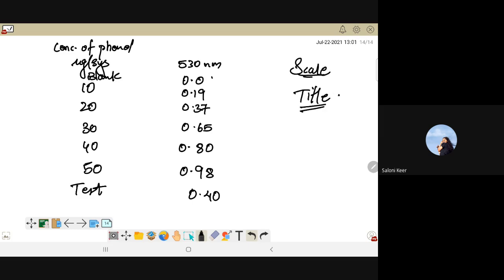Do not forget what you have learned in SY. Will you make a graph? Yes, sir. So make the graph, extrapolate the test value, and then tell me what concentration is coming for the test. You can type it out in the chat box. I'll give you 15 minutes to do this. Come on, speed up.